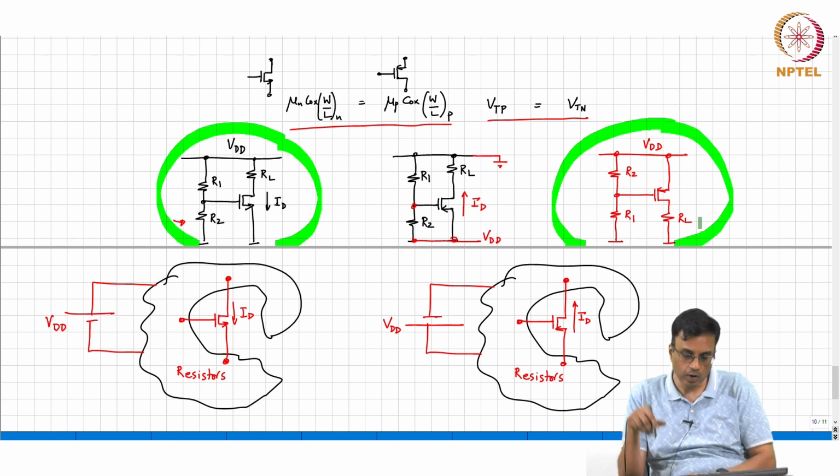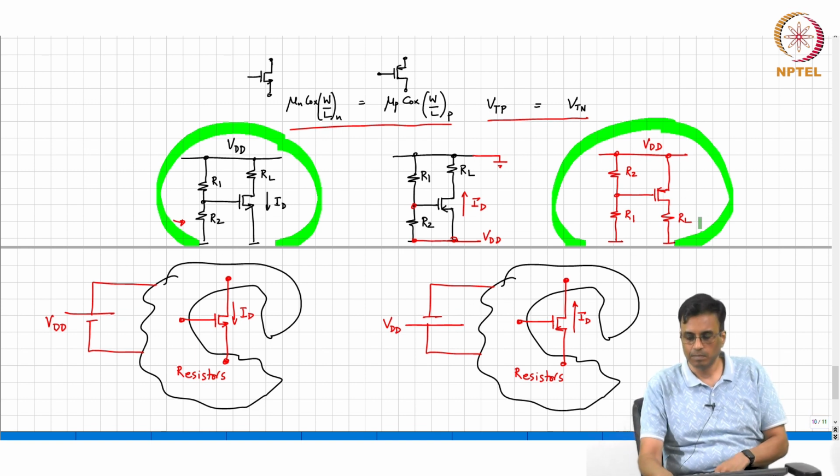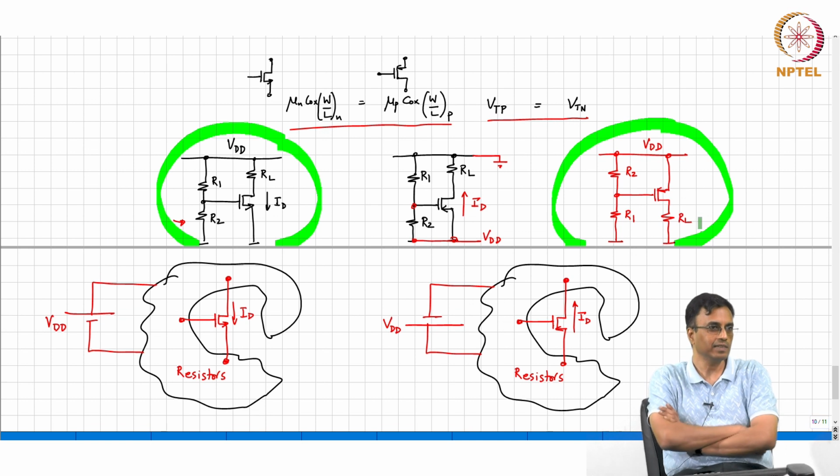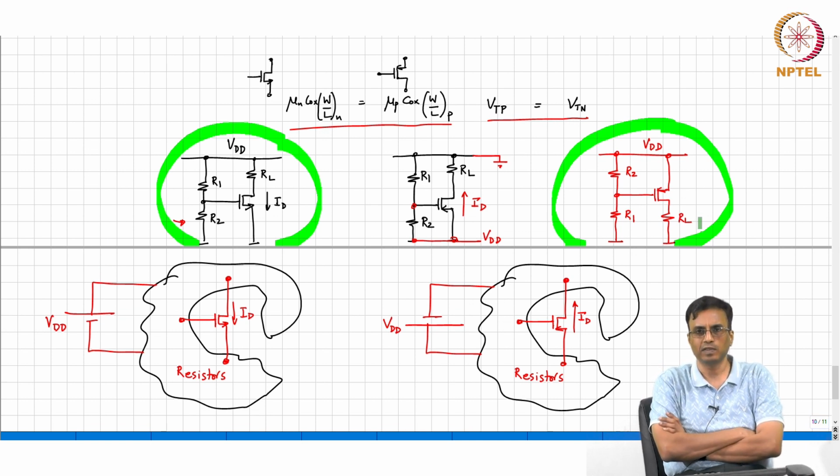And as he pointed out, you probably know this already from your device classes, the mobility of holes, at least in older technologies, was smaller than the mobility of electrons, and therefore in a PMOS transistor that mu p turns out to be smaller, maybe by a factor of 2, 3, something like that. And therefore inherently, if you want to have the same transconductance with a PMOS device, you must increase the size of the device.